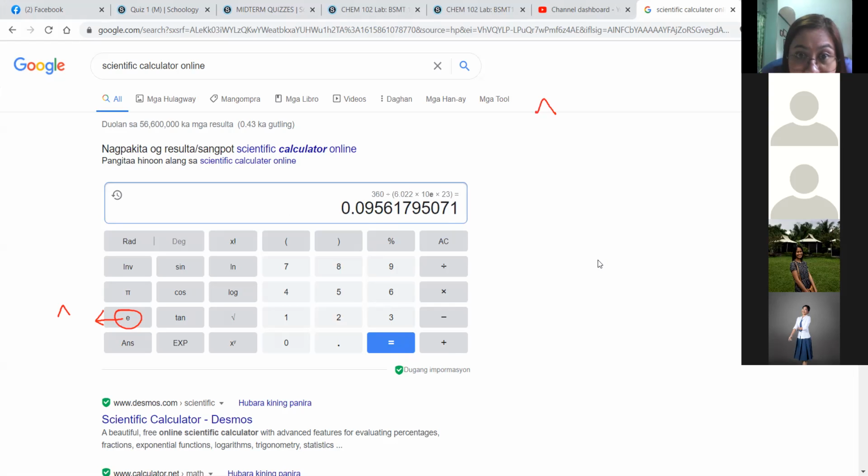Wait lang. Ulitin ako ha. So, ito akong gi-input kagay na. 6.022, exponent. Ang iyahang exponent is 23.